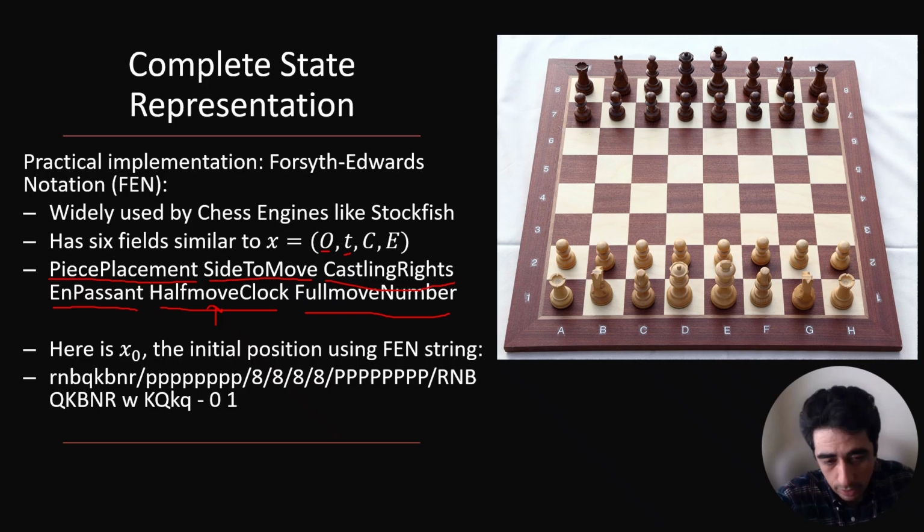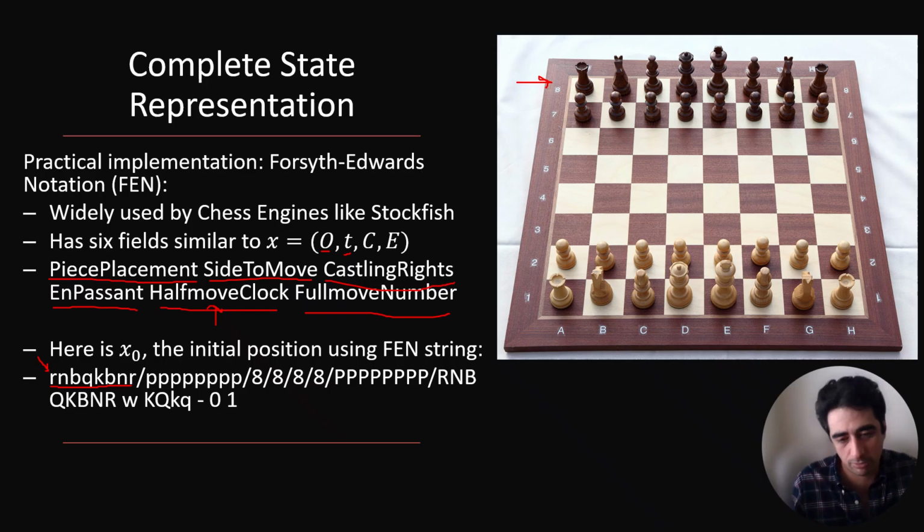Here's an example for x0, the complete state representation for the game of chess using the FEN notation in the initial position. That's true for all the games. As you see, we start from the 8th rank, and we write down all the occupants of squares, starting from left to right, from file A to file H. As you see, r means rook, and because it's lowercase, that shows you the black rook.